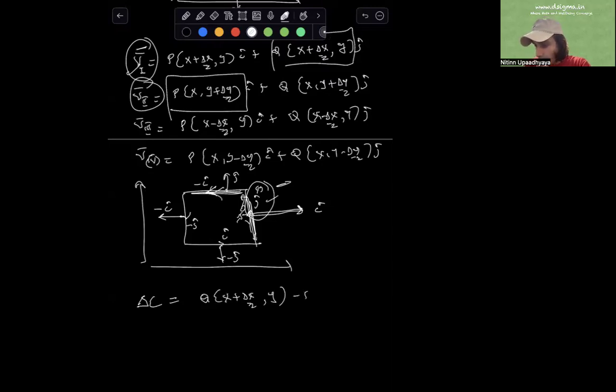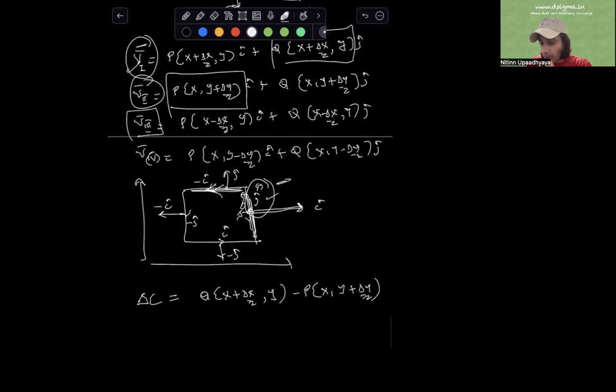So we have minus P(x, y plus del y by 2). Along segment 3, we'll take the dot product of this with the tangent along segment 3, which is minus j. And so that will pick out minus Q(x minus del x by 2, y).